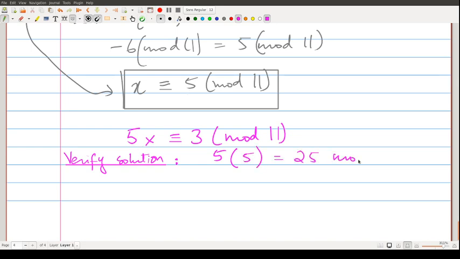What's 25 mod 11? Well, if I divide 25 by 11, I get 2 point something, right? So 11 times 2 is 22, 22 plus 3 is 25, so this is just congruent to 3 mod 11, which satisfies my equation.